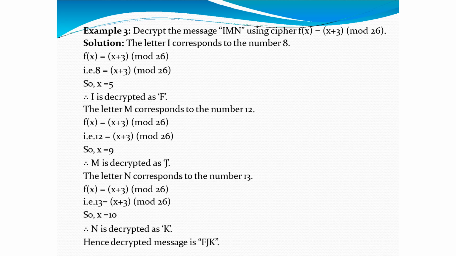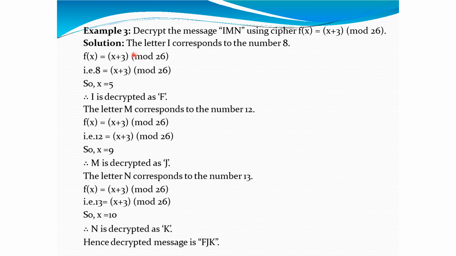Now, the last: decrypt the message using the cipher f(x) equal to x plus 3 mod 26. Here we have to decrypt the message. So whatever the number is, it is f(x), and for that we have to find the corresponding value of x.